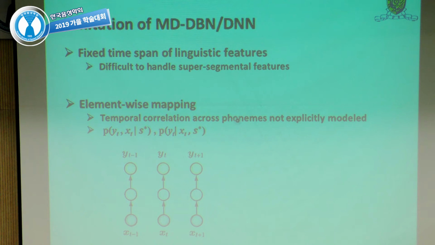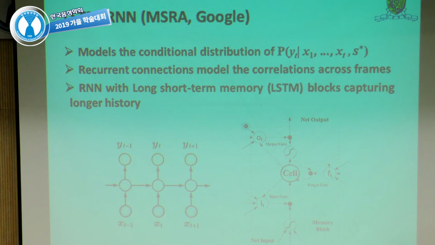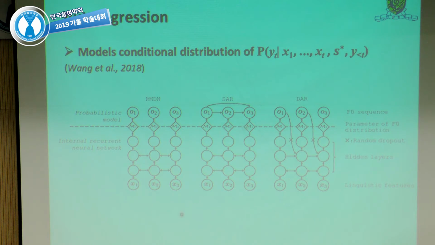So we may think that longer distance context should be useful for the mapping, so LSTM is used, and this is also a familiar problem and task. What's interesting is that we also would like to model the relation in the output acoustic, not only at the input linguistic.